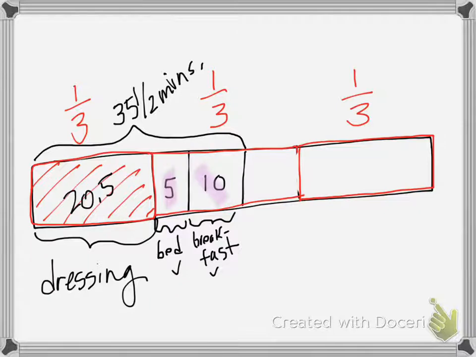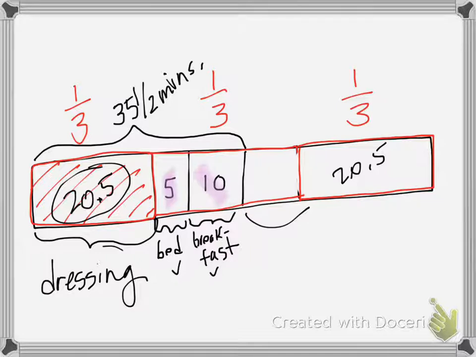I'm going to start using 0.5. You can use those interchangeably if you want. It would make good sense that if this third here is 20.5, then this third over here is 20.5, and then you've got some extra stuff here, which you don't know yet because you haven't actually solved.